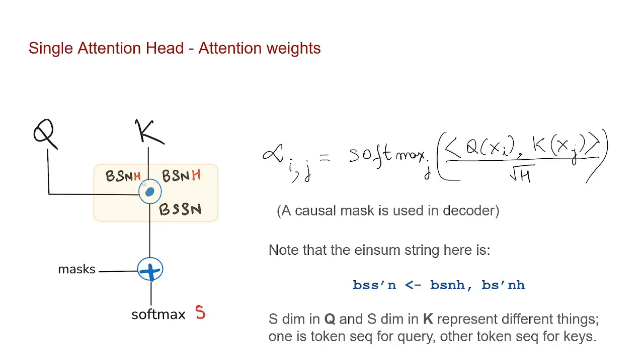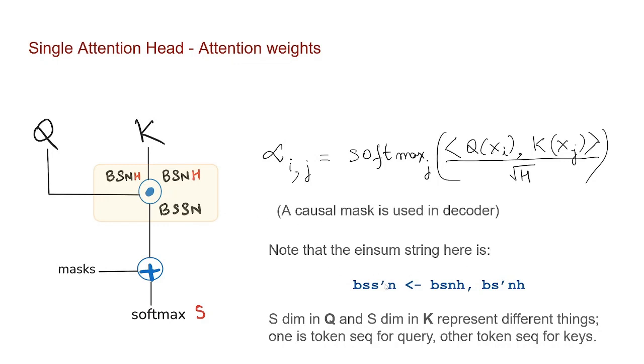One thing to note here is that although it looks like the S dimension in the query matrix is the same as the S dimension in the key matrix, it is different. Here, S is the token sequence in the query matrix, and here it's the token sequence in the key matrix, and those are different things. So S is neither a batching dimension nor a contracting dimension. It's a free dimension.